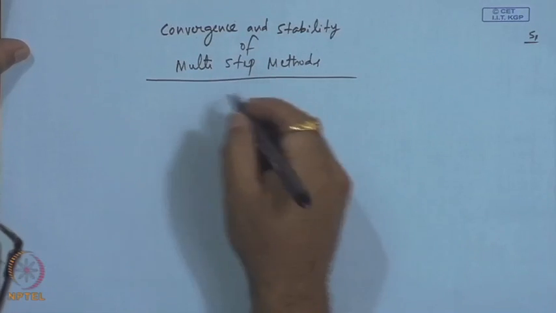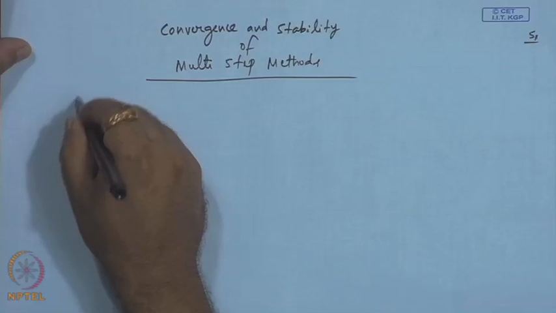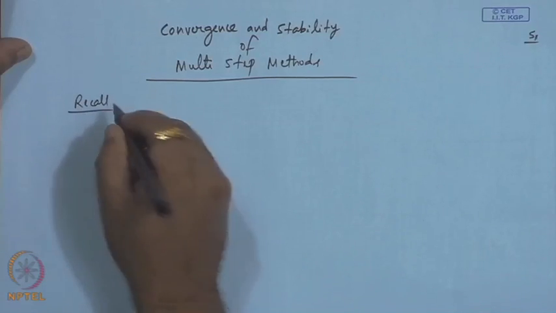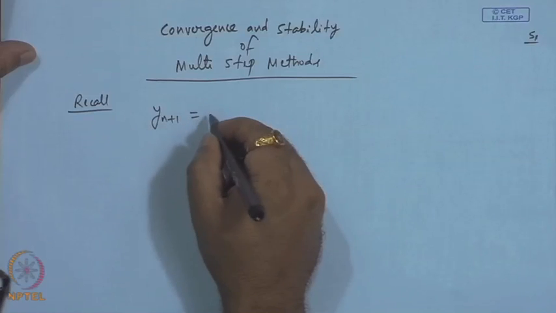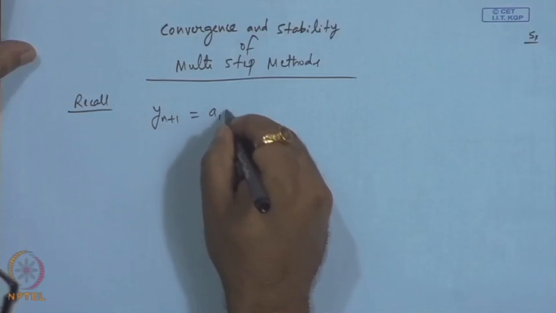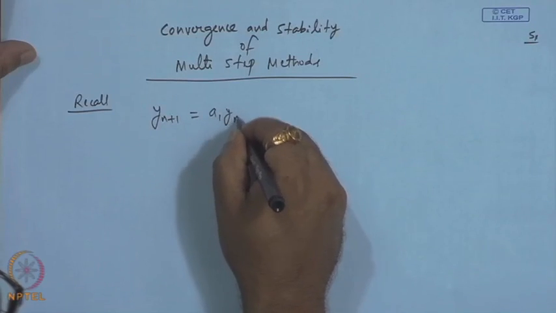Convergence and stability of multi-step methods. So, recall, we have the general linear k-step method.